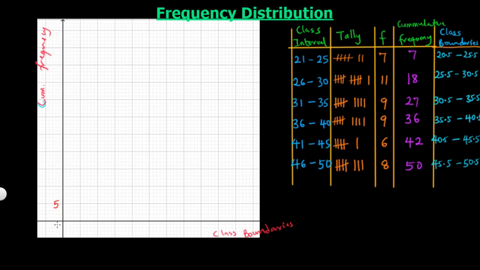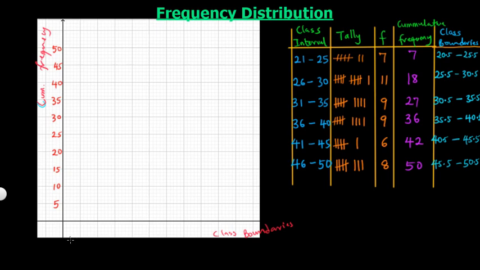So my 0 starts from here. But yet to write that, 5, 10, 15, 20, 25, 30, 35, 40, 45, 50. That is it.